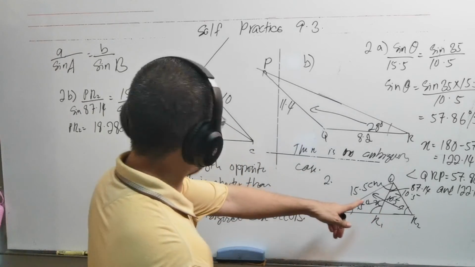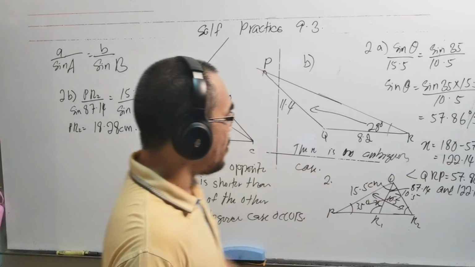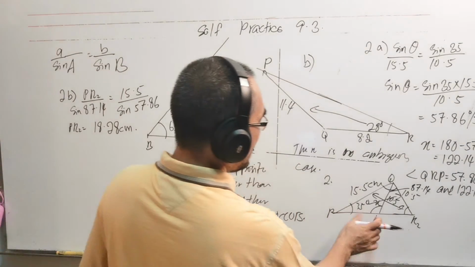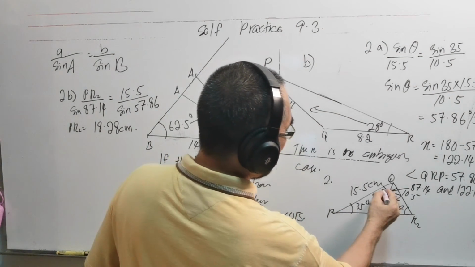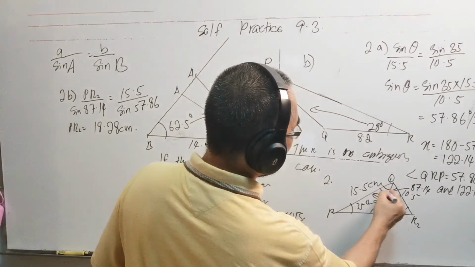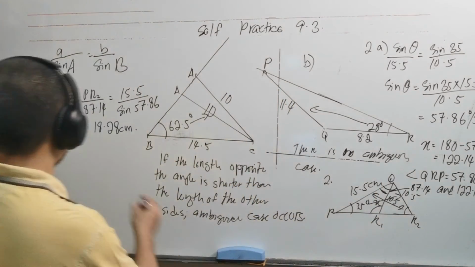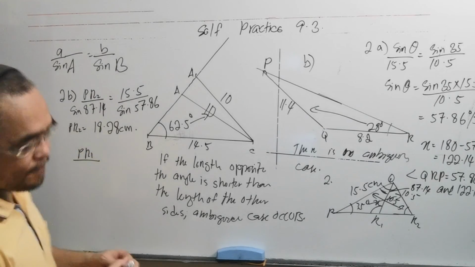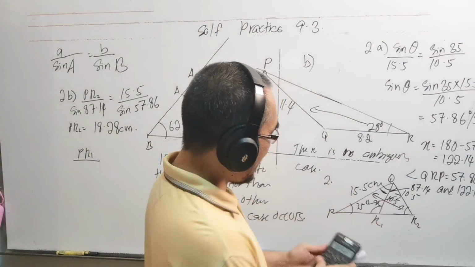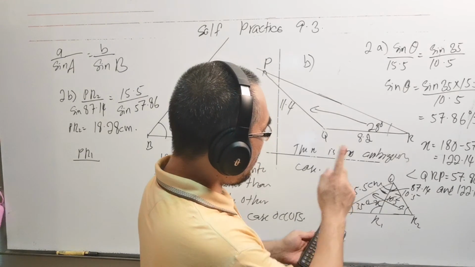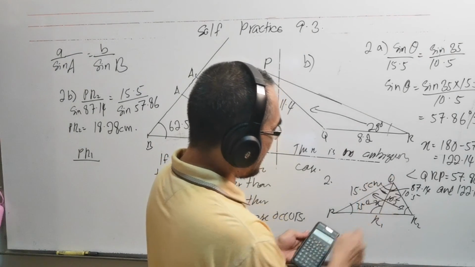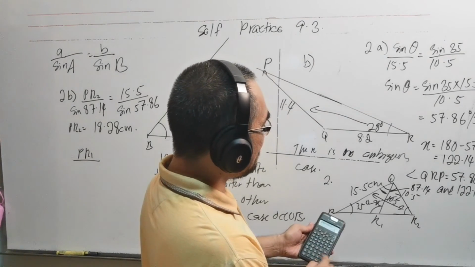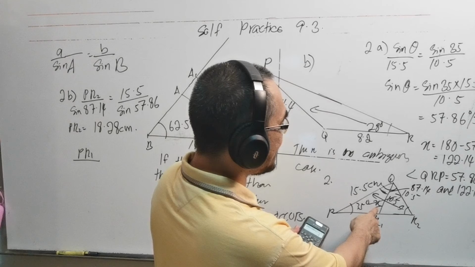And then in order to know the length of P to R1, you have to use the actual angle, which is 122.14. Okay, and now P to R1 is in front of the small angle here. Since I do not know yet, I have to calculate the angle PQR, which is 180 minus 35 minus the angle at X here.